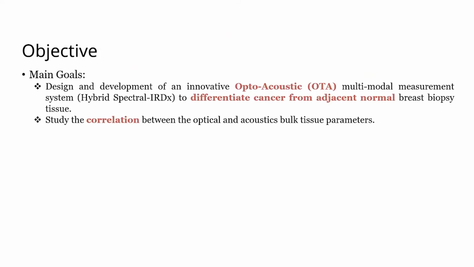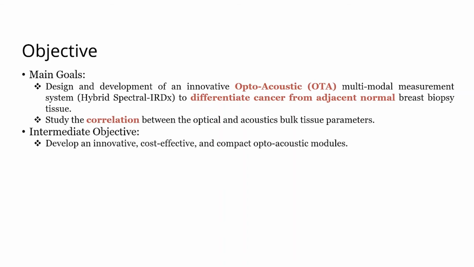The main objective of the work was to design and develop a multimodal system which can quantify the optical as well as acoustic properties of the tissues. With these properties, we can differentiate the cancer from the adjacent normal tissues. The second objective was to correlate the optical versus the acoustic properties.